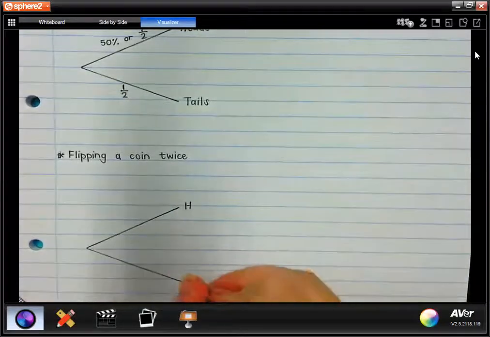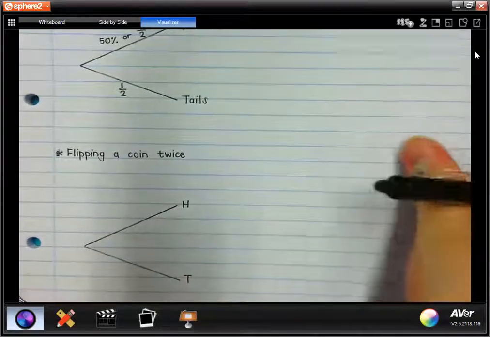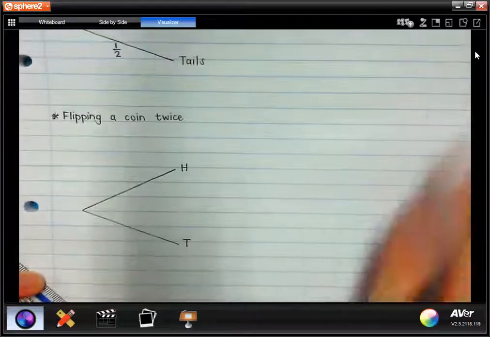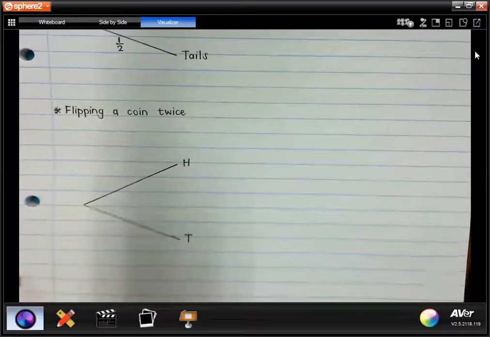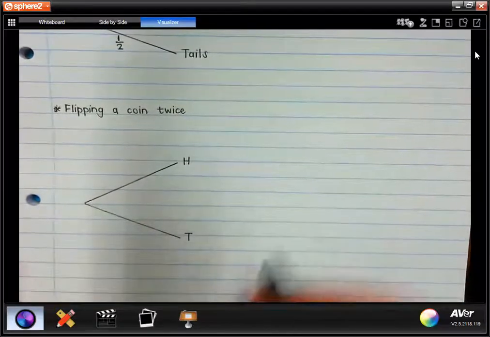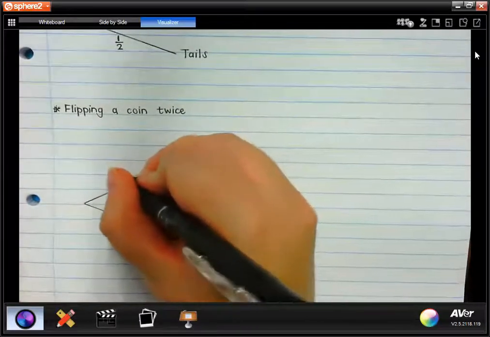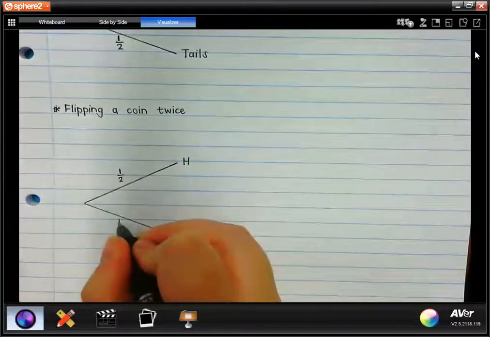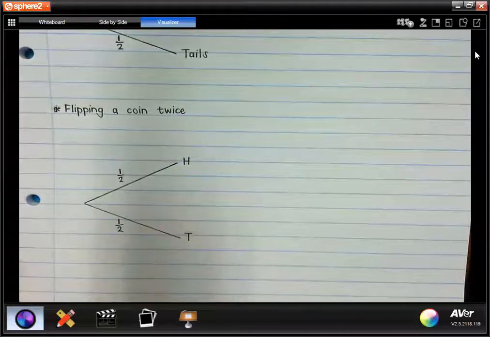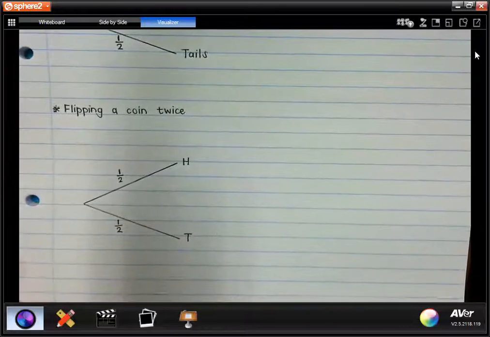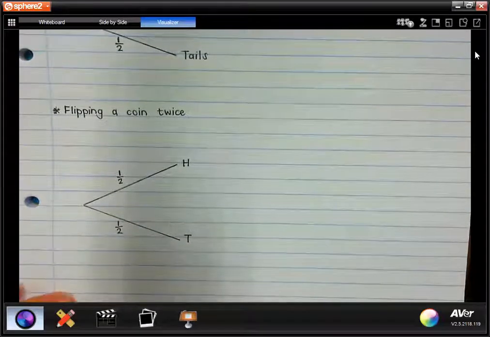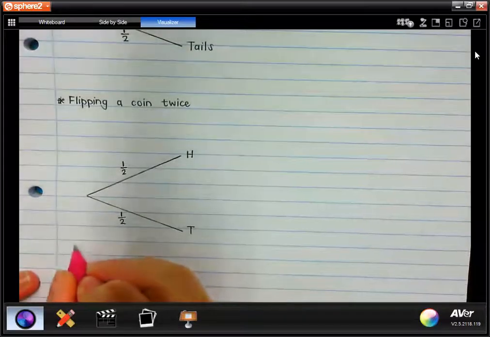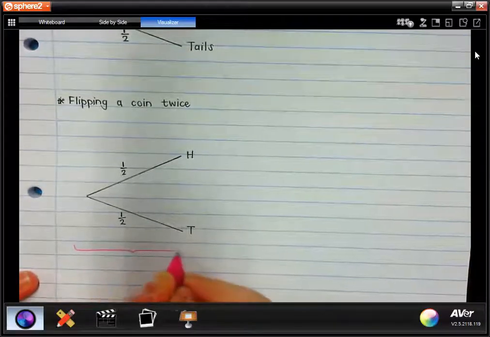Now I'm just going to use an H and a T. It's fine for you to use an H and a T. You don't always have to write the whole word out for probability. The probability of it landing on heads is a half, and the probability of it landing on tails is also a half. Okay, this first set of branches represents the first flip.